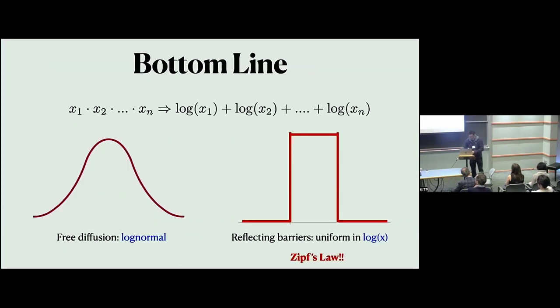The basic idea is this: if you have a multiplicative process, you're going to diffuse in log M, and if you have an additive process that repels you from the origin, that acts like a reflecting barrier, and you end up with a uniform distribution in log M.